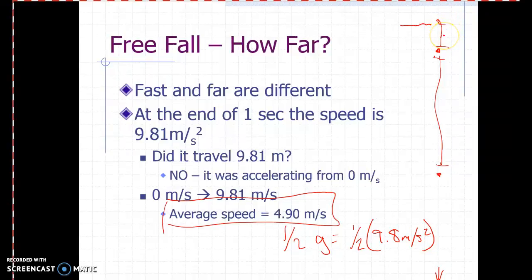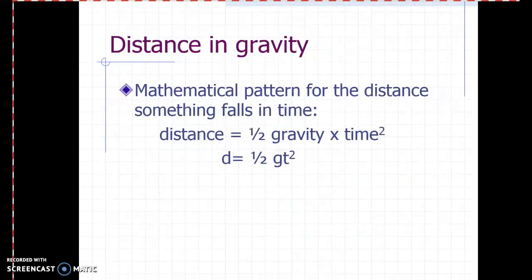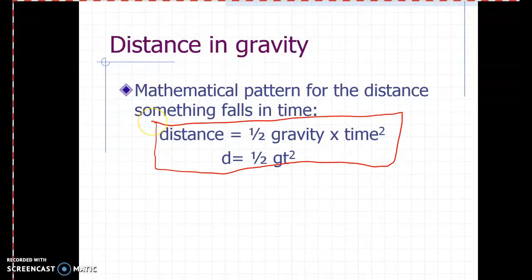For every second the ball falls, the distance is getting exponentially greater, which means, for those of you who are unaware, it's the exponents. It's squaring each time. So when we compile this, we get the equation: distance is equal to 1/2 of gravity's pull times time squared.